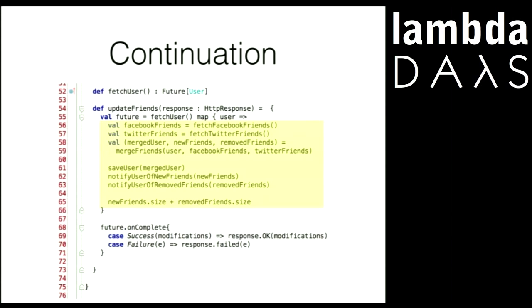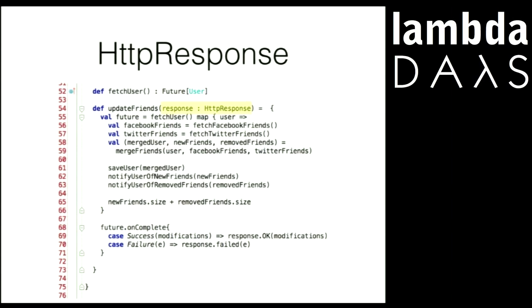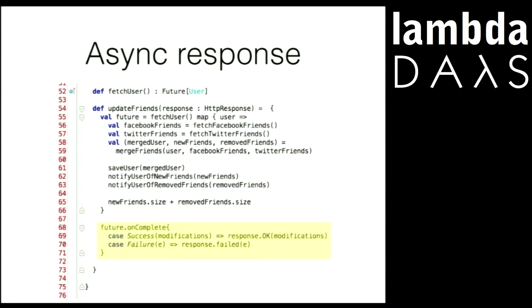Now, one more change I've made to this method is I've added a parameter. I'm passing a response object. So the HTTP thread passes the response object to this method, and this is useful because we can register a callback which, when the whole operation finishes, is going to write directly to the response.